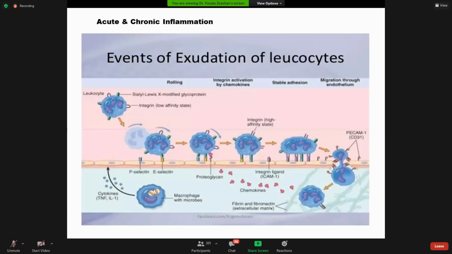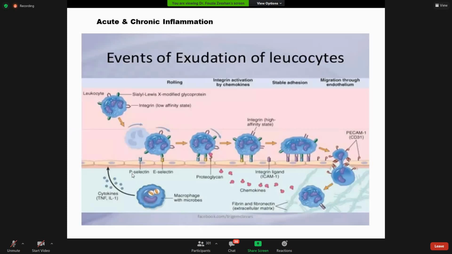These are the events. First there are two important things we should understand: the integrins and the selectins. Integrins are found on leukocytes, and they have ligands as well. Ligands are very helpful in enhancing the function of the integrins.